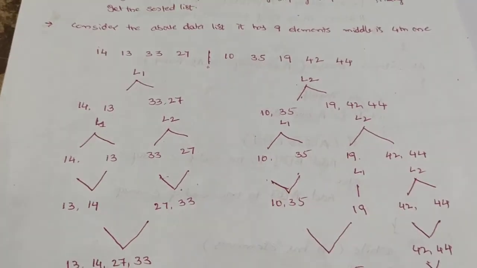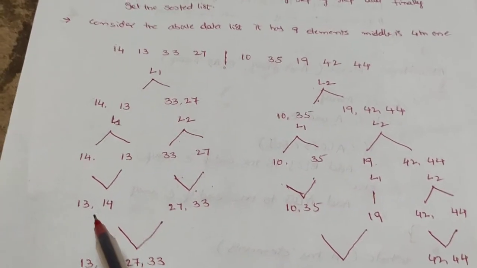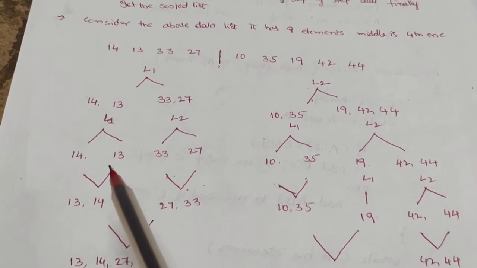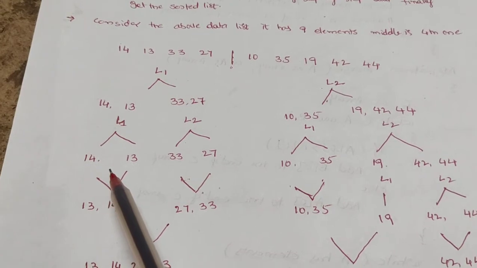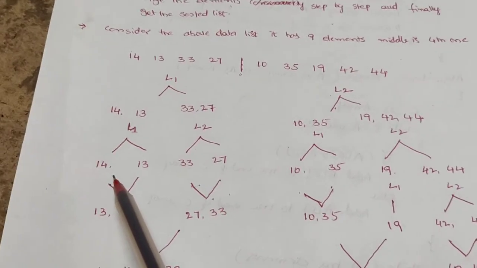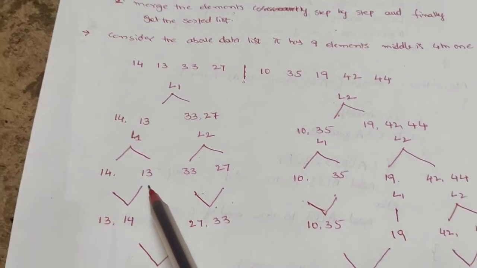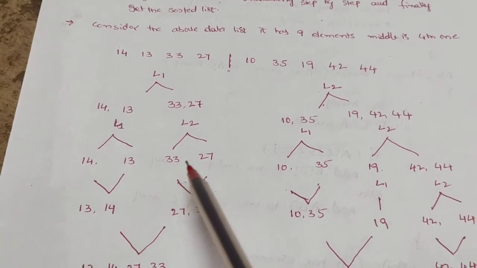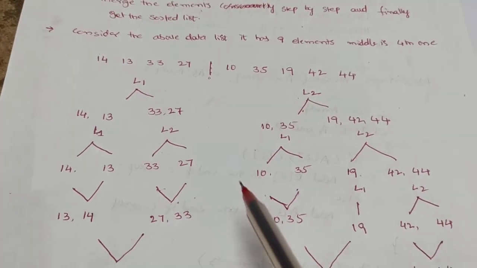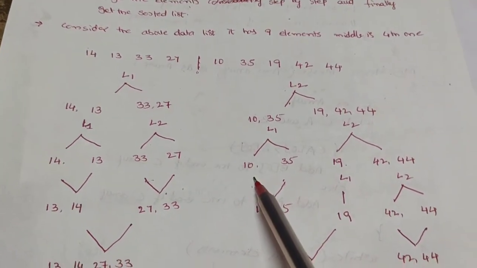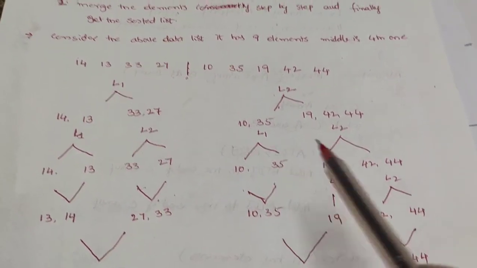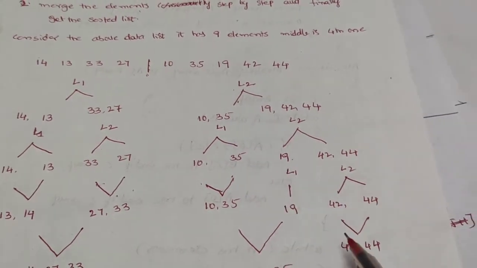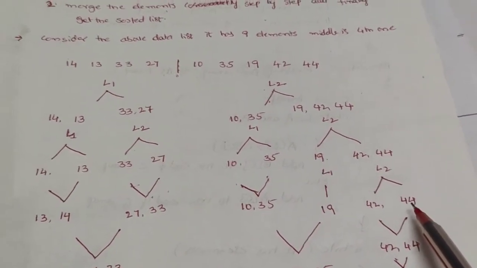At this level we can observe that each and every list consists of only one element: list 1 is 14, list 2 is 13, list 3 is 33, list 4 is 27, list 5 is 10, the next list is 35, the next list is 19, the next list is 42, and the next list is 44.